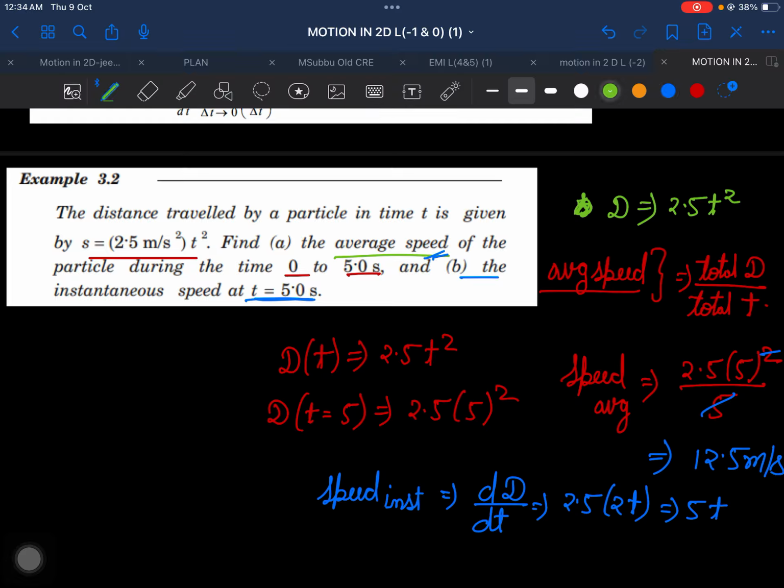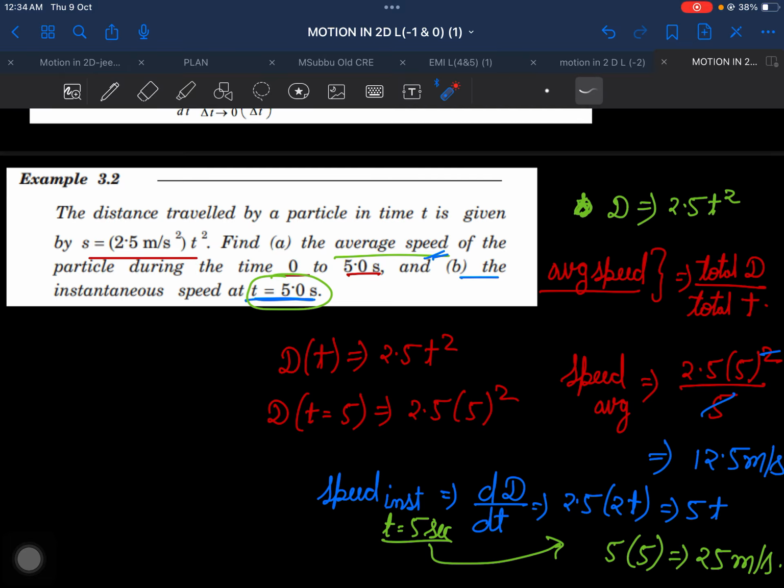And your instantaneous speed at t equals to 5 seconds. Now you have to put t equals to 5. So 5t. In place of t, you have to put 5, and you will get 25 meter per second. This is the case, right, students? I hope this thing is very much clear to you.